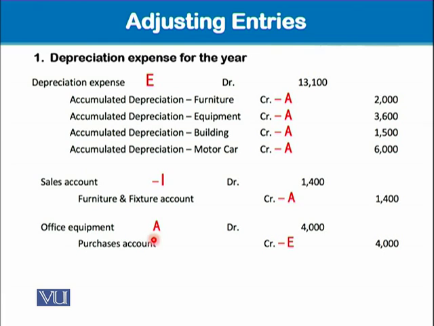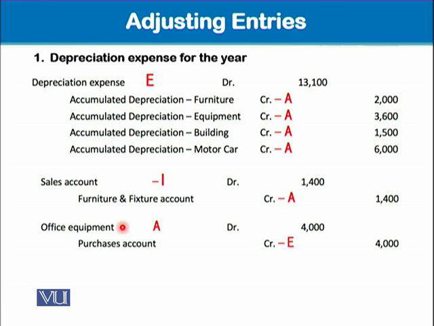Then we purchased office equipment, which was wrongly debited to the purchases account. So now purchases account will be credited, which will be subtracted from the expense, minus E, and office equipment will be debited. This is in fact because of the wrong decision we took for recognizing the correct head based on the capital and revenue expenditure concept.